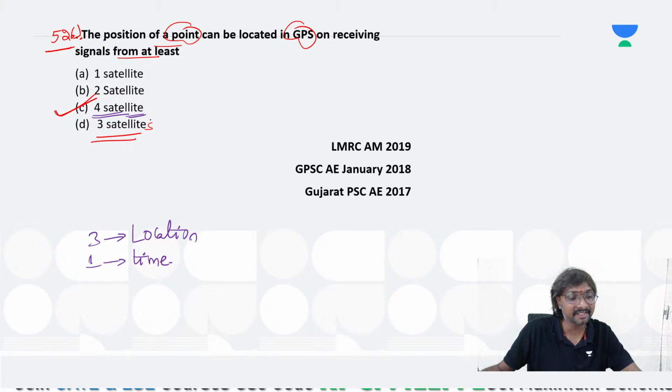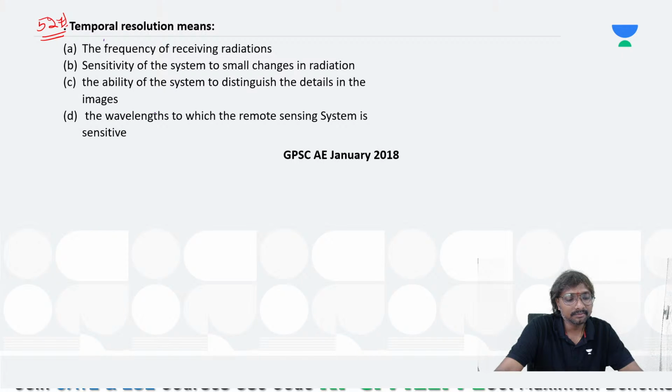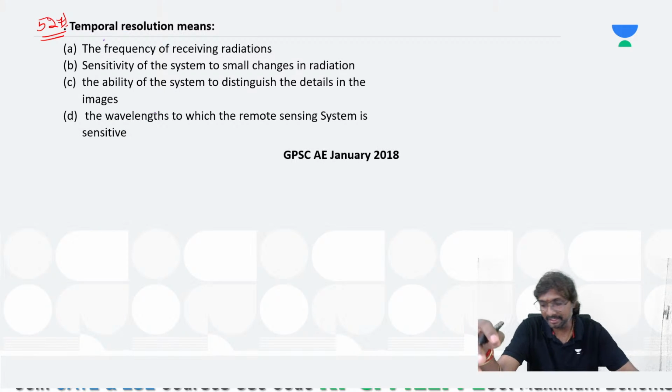In GNSS, we have discussed global navigation systems, everyone, if you remember. Right, 527. Select the answer.